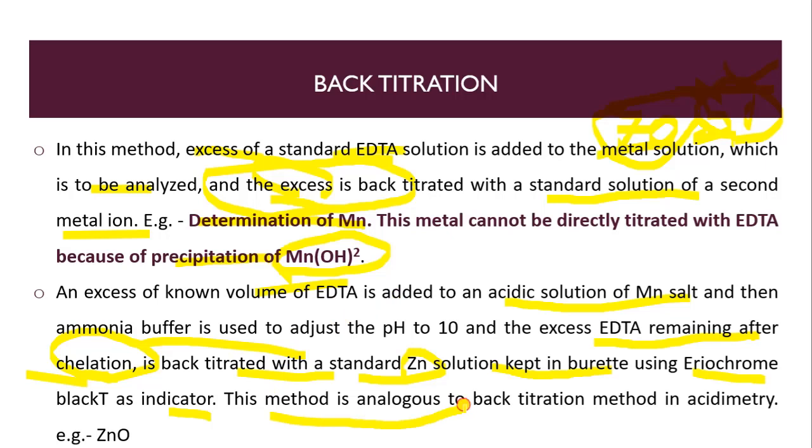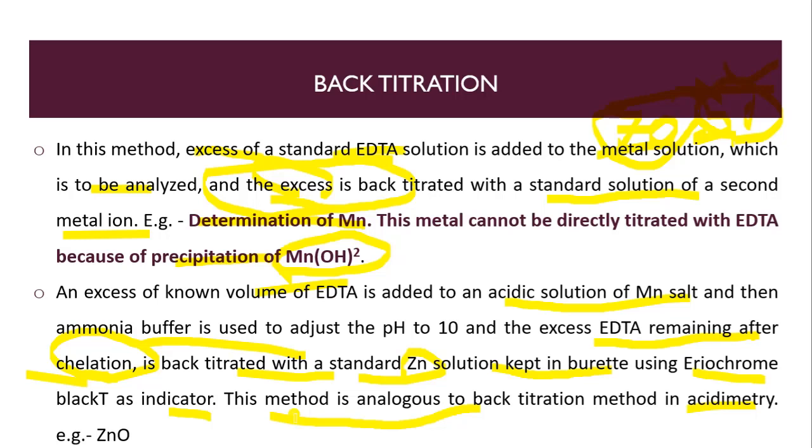This method is analogous to the back titration method in acidimetry, for example, zinc oxide. So this is how, firstly we have to make our complex. After that, for example, from 100%, 70% EDTA is consumed and 30% remains.